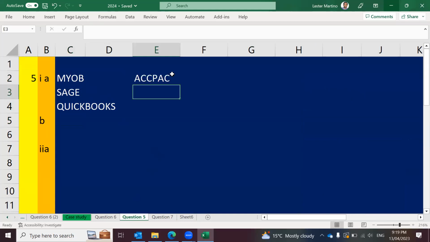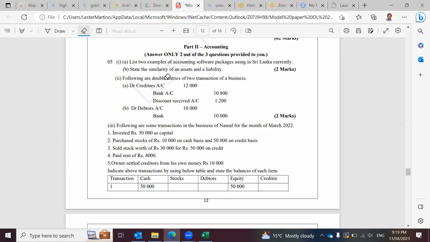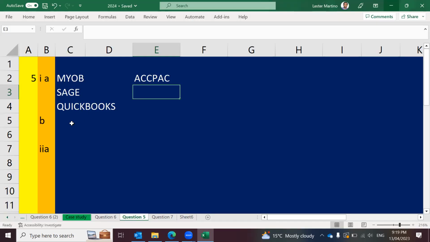So any 2 is okay. That can be tested most probably. State the similarity of assets and a liability arose as a result of past transaction.